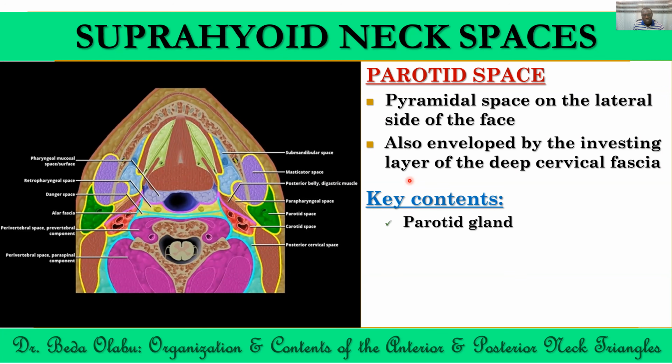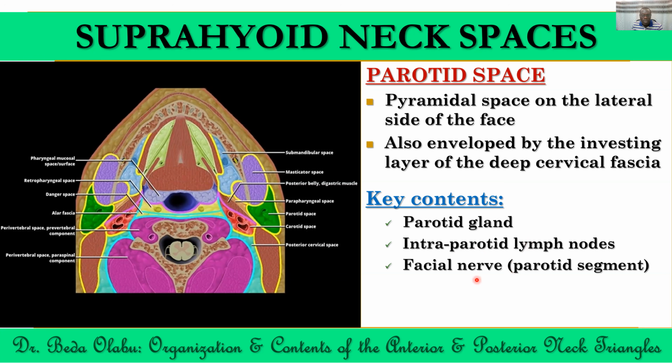So the key content of this space will be the parotid gland itself, the intraparotid lymph nodes, as well as the lymphatic vessels within there. Facial nerve: remember the facial nerve enters the parotid gland and ramifies into maybe five defined branches. That happens within the parotid gland, so it's part of the parotid space.